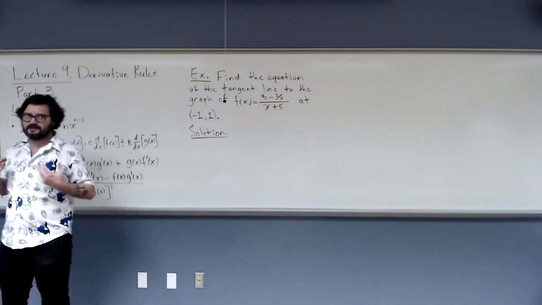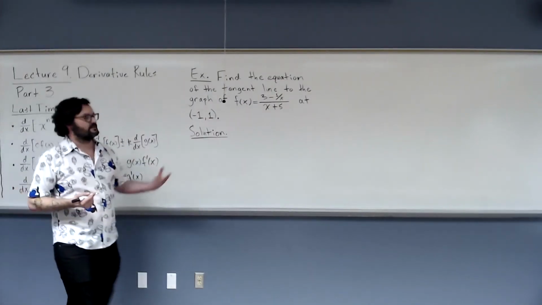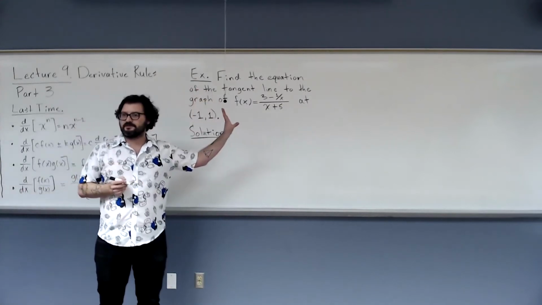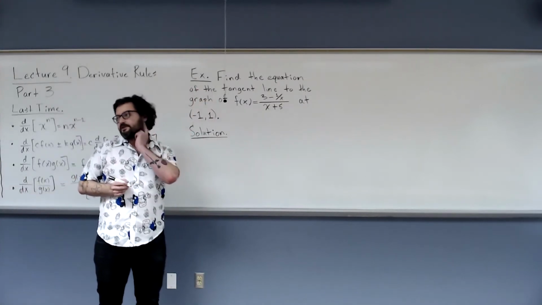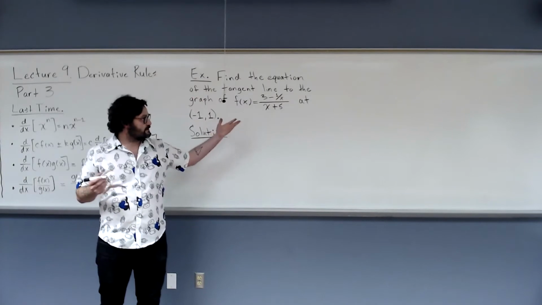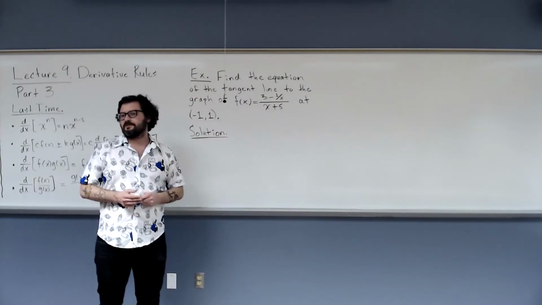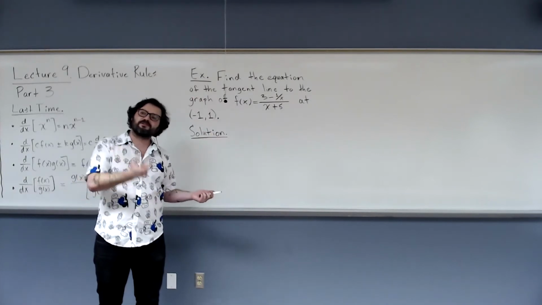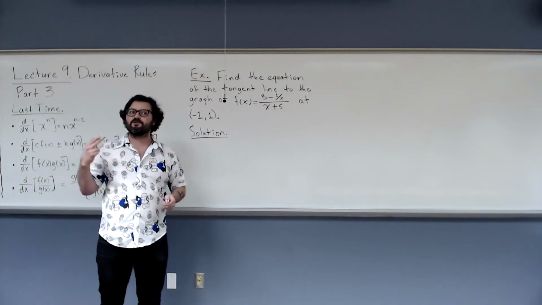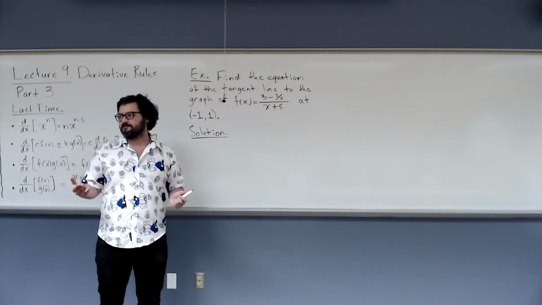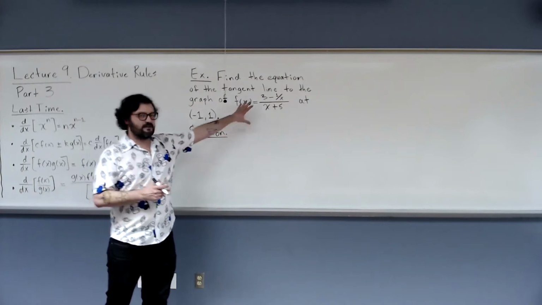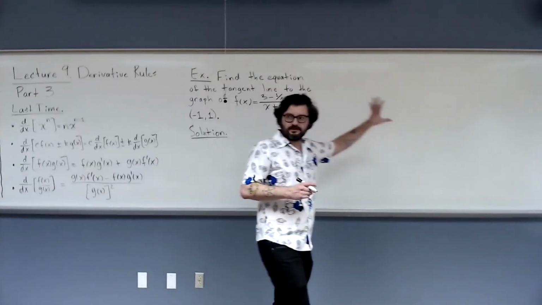It's algebraically convenient to get rid of those types of things. The only way to get rid of it is to add 0 in a fancy way, or multiply by 1 in a fancy way. We don't want to change the function. We just want to make it look different.